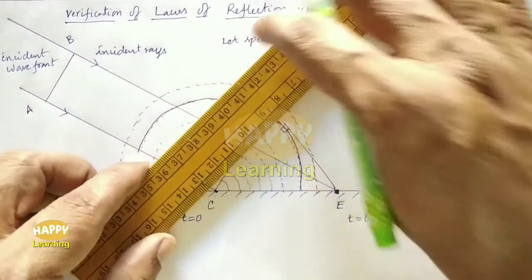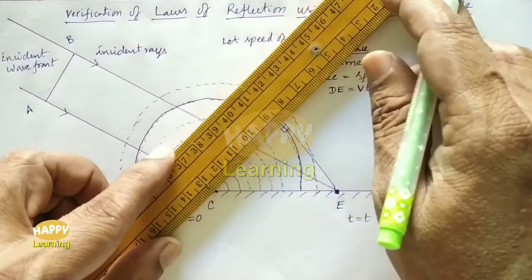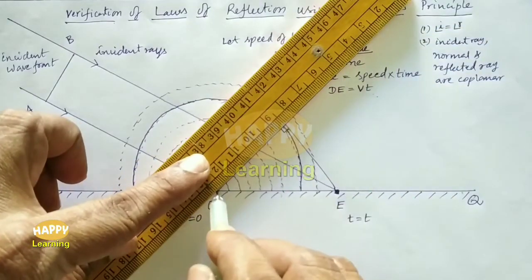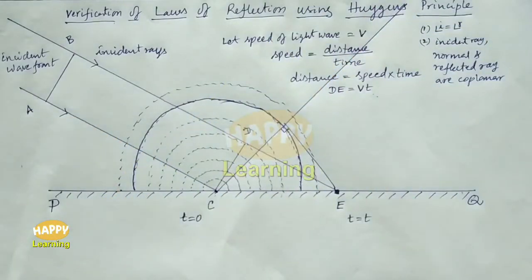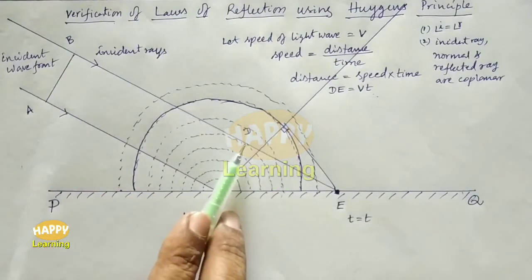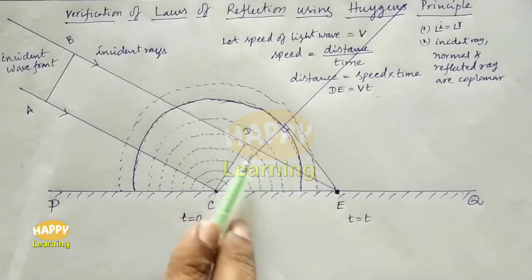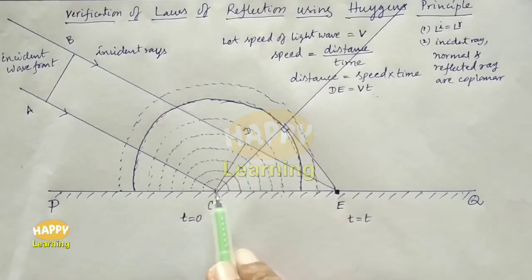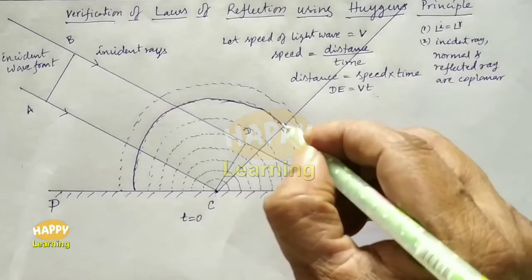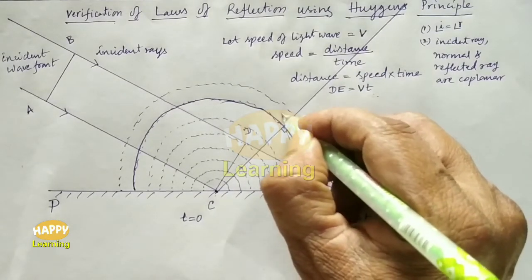Now let us join this. By the time this BD ray reaches E from D, the secondary wavelet starting from C has reached this point. Let us call this F.